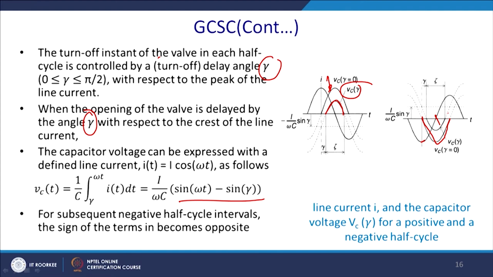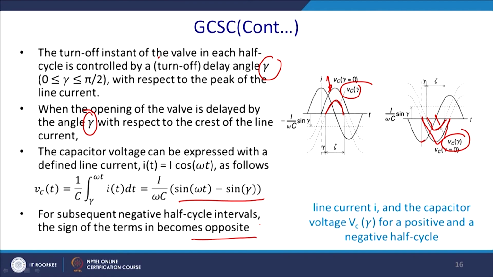So, the total capacitor comes into the picture and this is the Vc with lambda. For subsequent half cycle intervals, the sign of the terms becomes opposite.